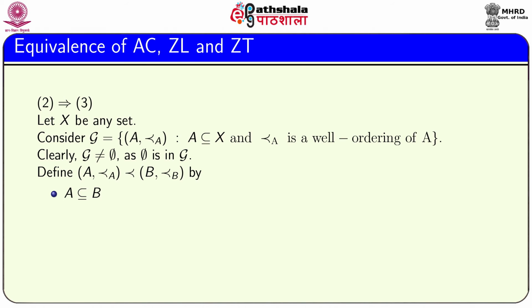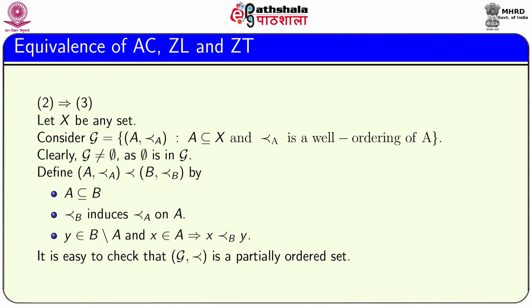We define a relation on script G as follows: A precedes A and B precedes B are two elements taken from script G. They are related by a relation, we call it less, as follows, that A less B if A is a subset of B. Secondly, precedes B induces precedes A on capital A, and y belonging to B minus A and x belonging to A will imply that x precedes B y.